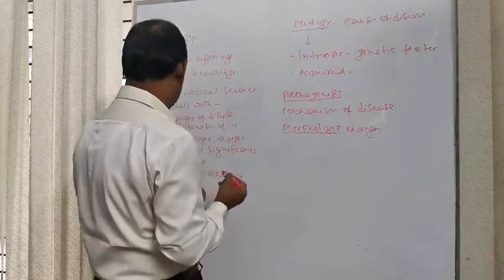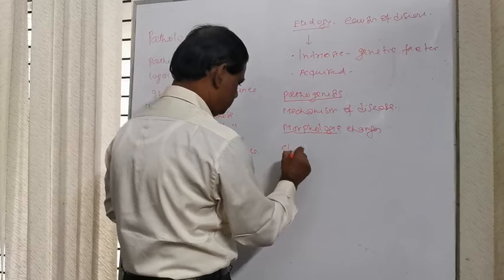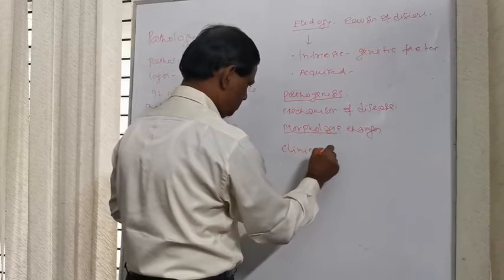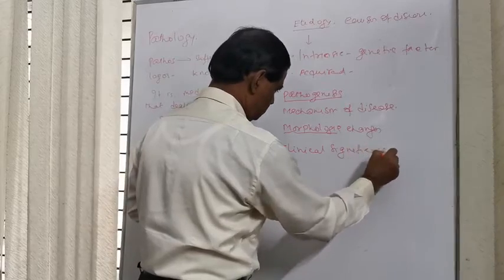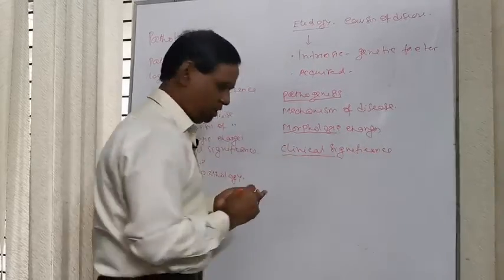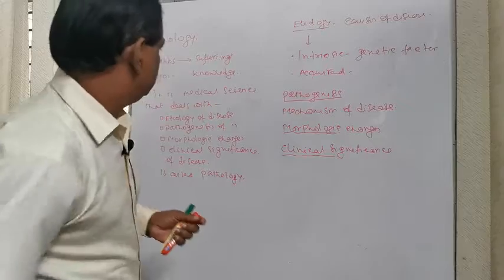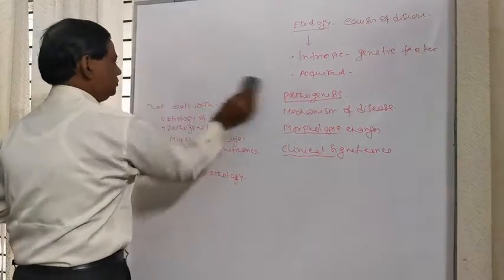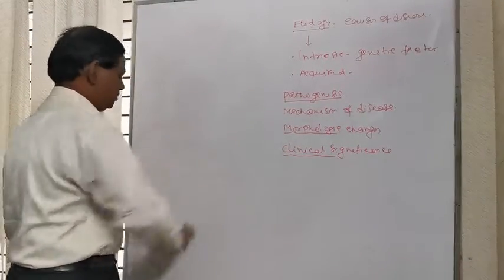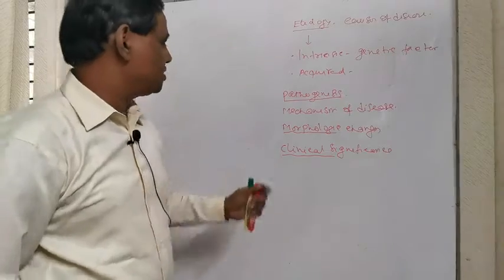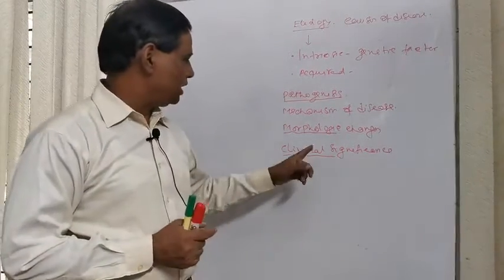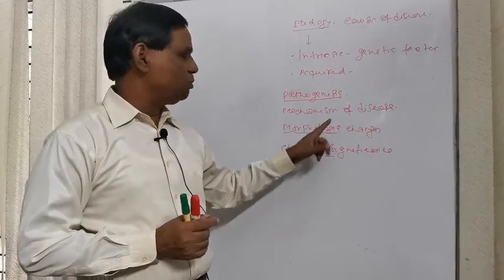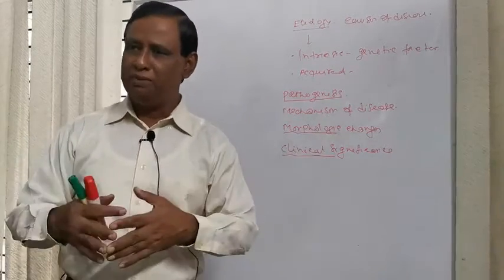Now come to clinical significance. What it means? Again we can cite that example. If anybody suffers from viral hepatitis caused by virus, there is morphologic changes within the hepatocyte and on the tissue of the liver.